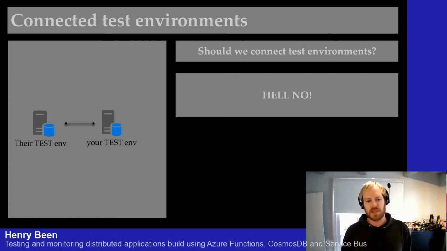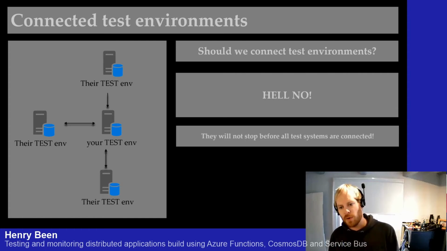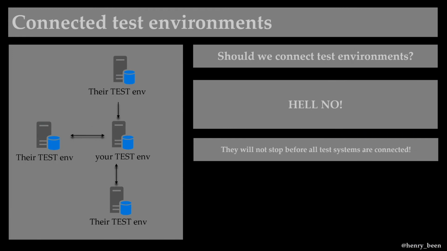The problem is that this line of reasoning will not stop before all the test environments in the whole company are connected. Because my system needs 2 systems, and one of those systems needs another system, and to have what we call in Dutch a ketentest, and I apologize, I don't know the English word, will very quickly end up with everything being connected.